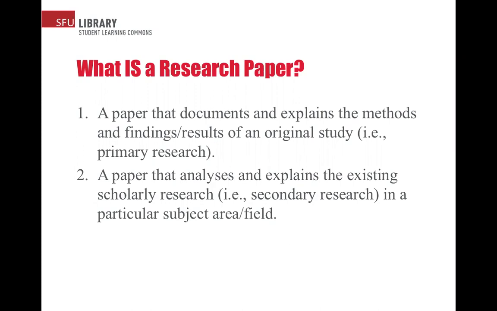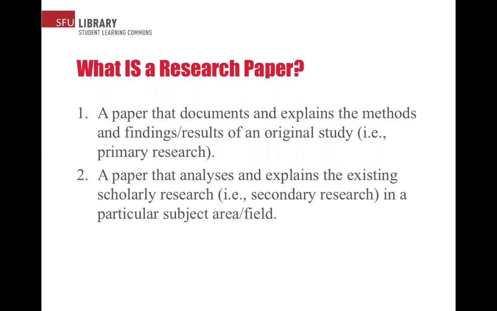Most undergraduate research papers fall into category 2. You're actually reading other people's primary research in your own secondary research. But sometimes you'll be asked to write papers that fall into category 1, especially if you're taking a methods class.